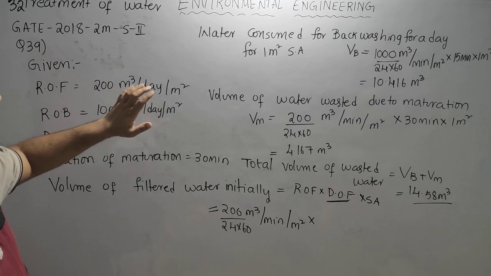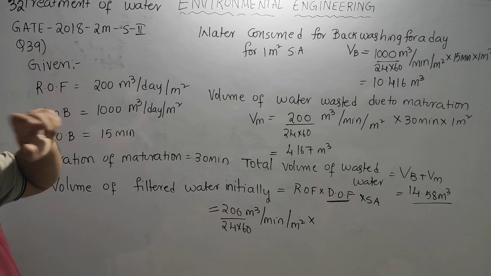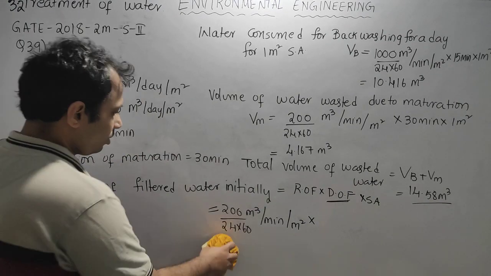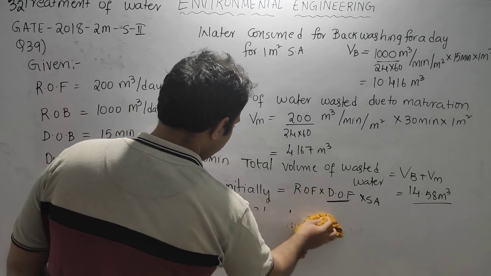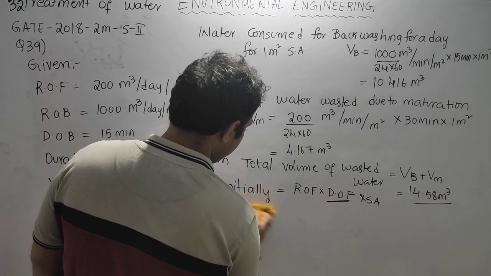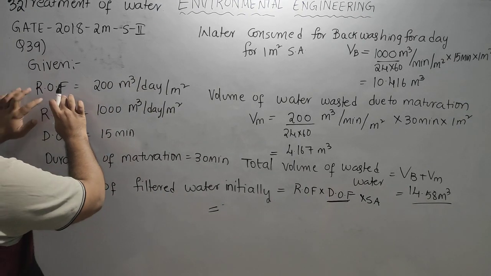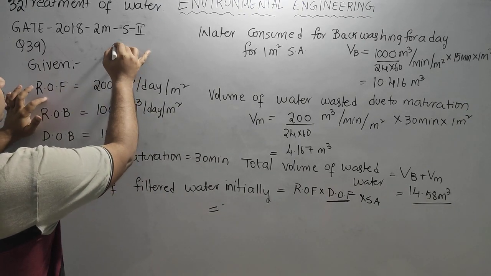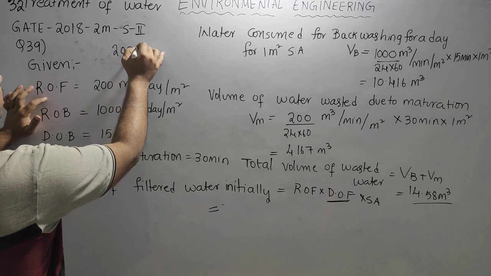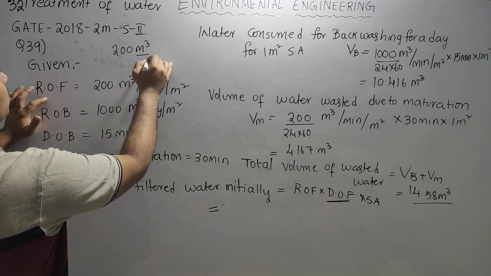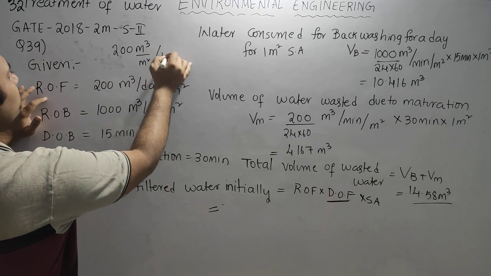So that means first of all we need to convert this. Per day means, one second, small change we need to make here. So rate of filtration is 200 meter cube per meter square per day, right?